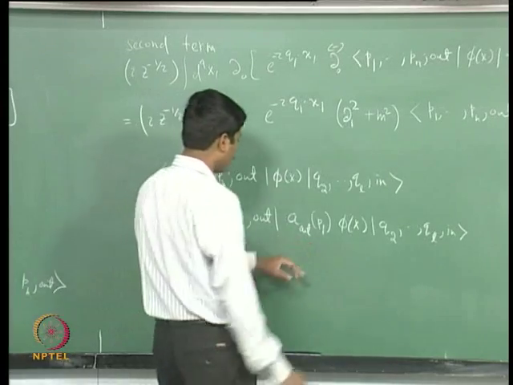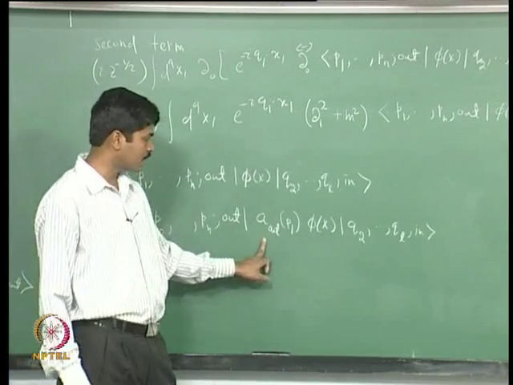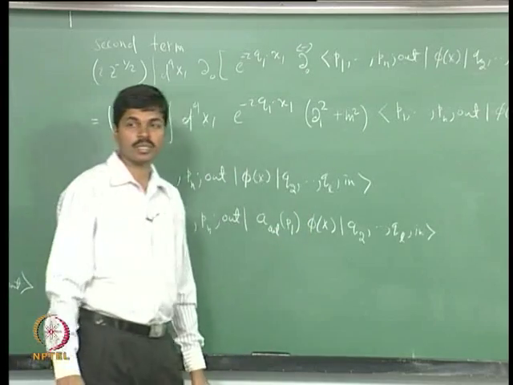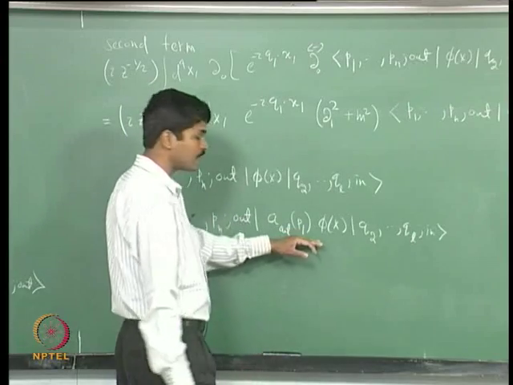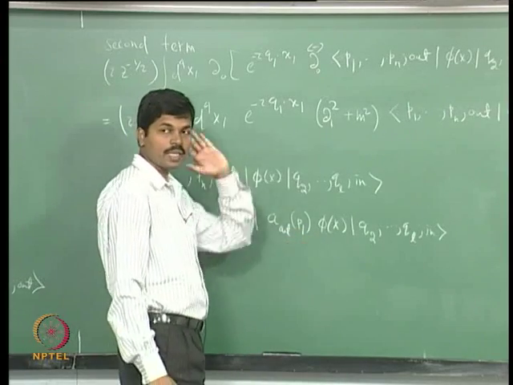So, now this is an annihilation operator again for a free field. So, I can express it in terms of the phi out field.